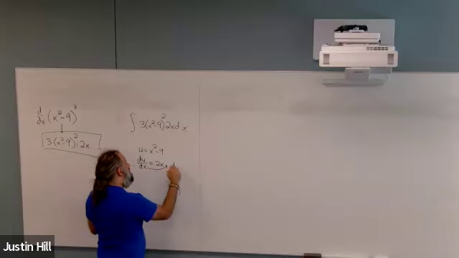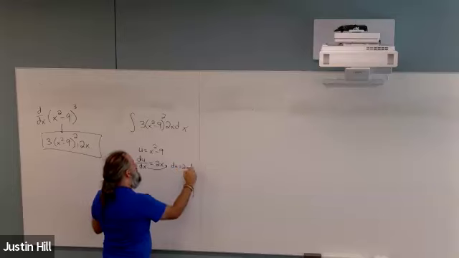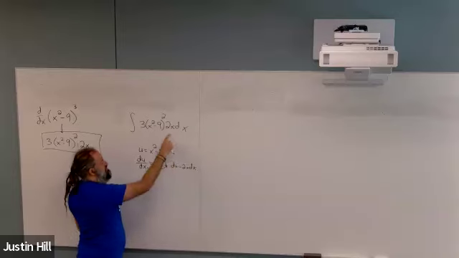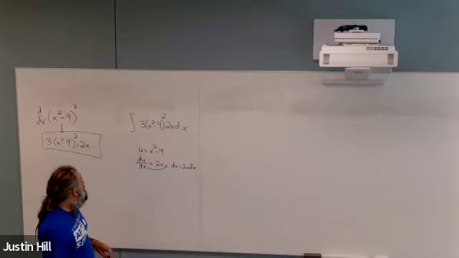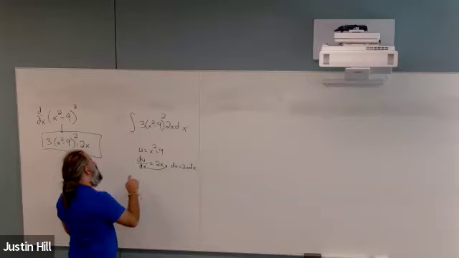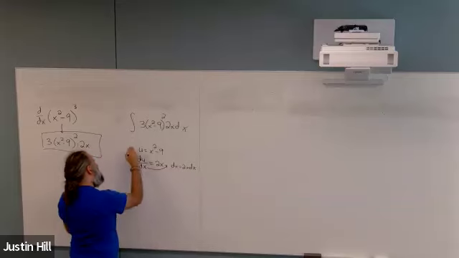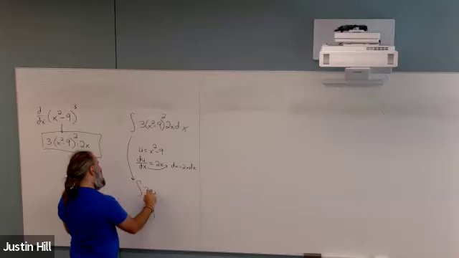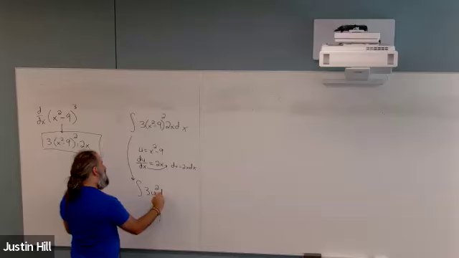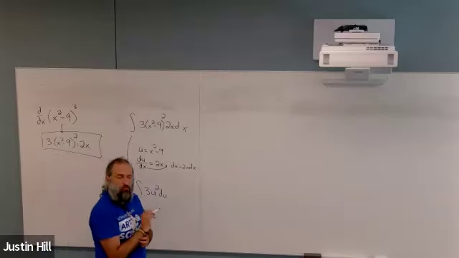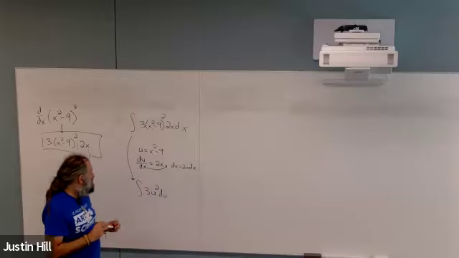So what I'm saying here is du is 2x dx, and this whole piece I can replace with du. Once I have this substitution and the derivative for that substitution, then this whole integral becomes the integral of 3u squared du. And notice this is a simple indefinite integral that you can do.